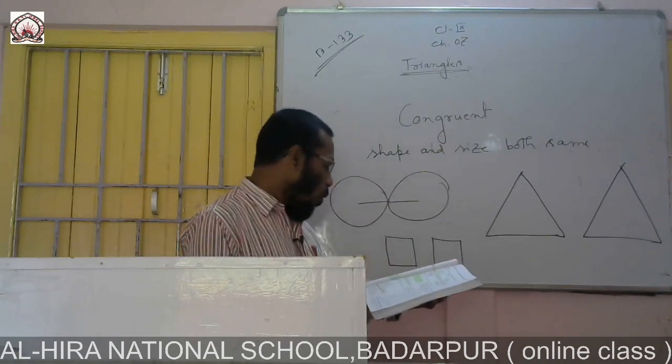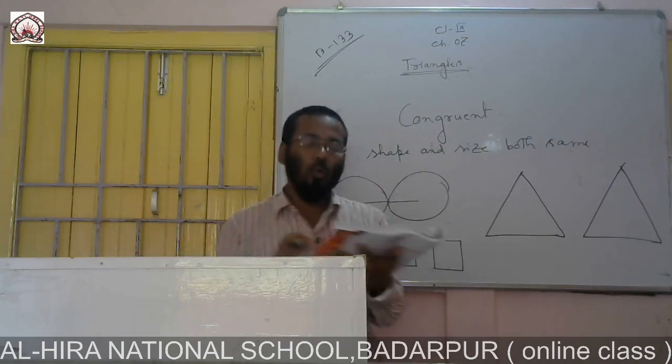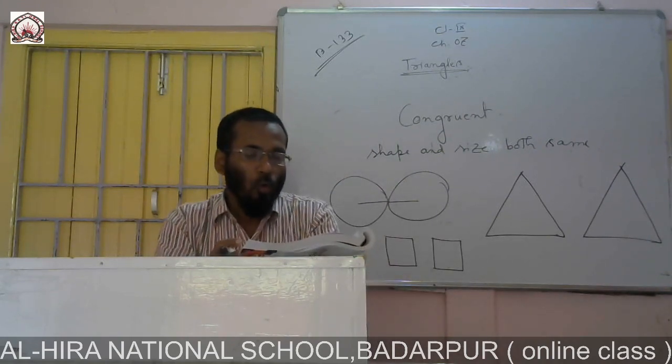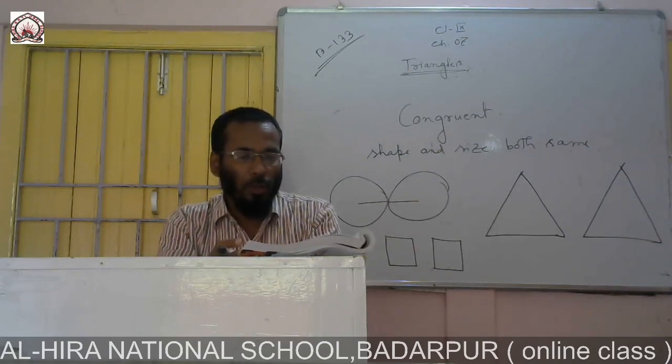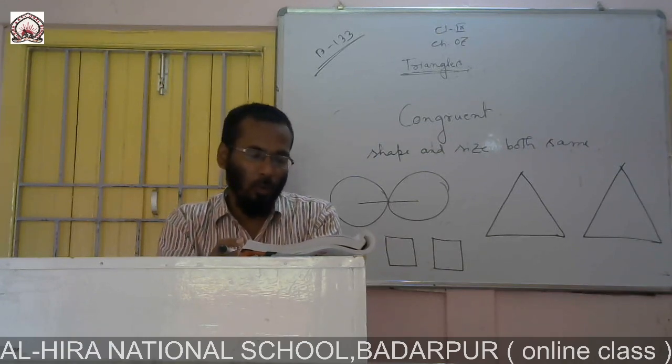Now, congruency of triangles. What is congruency of triangles? Two triangles are congruent if the sides and angles of a triangle are equal to the corresponding sides and angles of the other triangle.